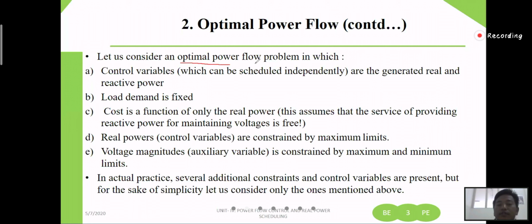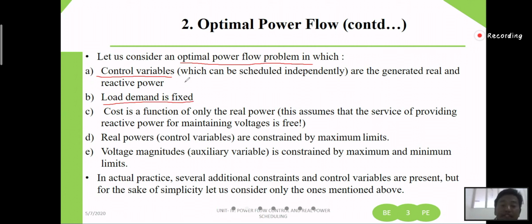We'll just carry out the optimal power flow problem, considering these 5 characteristics or 5 factors. First, we have to see the control variables. Then load demand is fixed. Here also we are making a lot of assumptions.